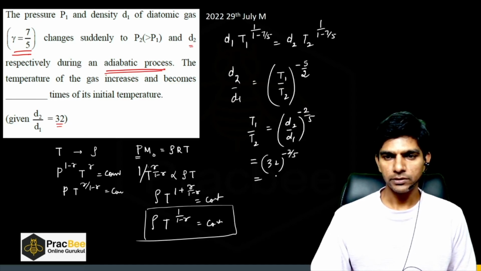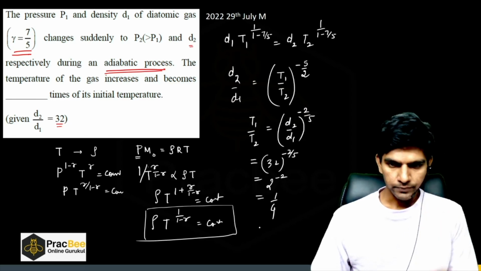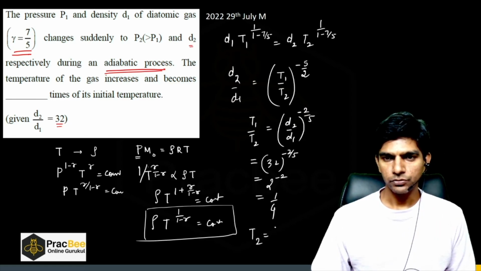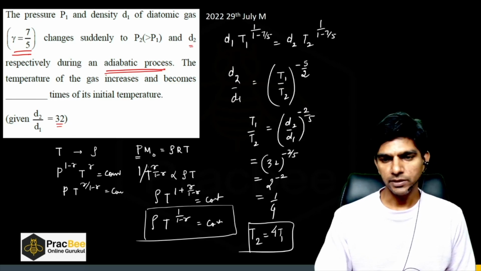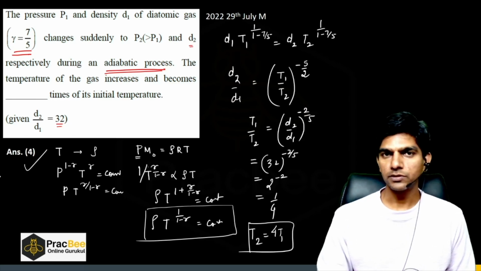So 32 is nothing but 2 raised to power 5, so this will be 2 raised to power minus 2, that is 1 by 4. So we can say T2 is equal to 4 times T1. Okay, so the final temperature is 4 times the initial temperature. So the answer is 4.